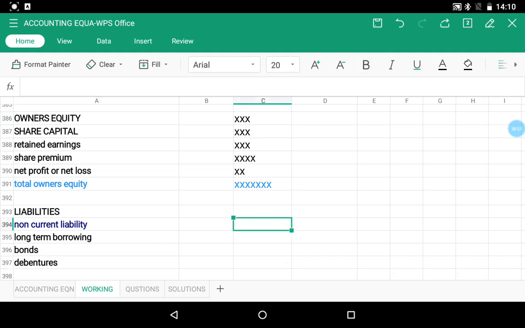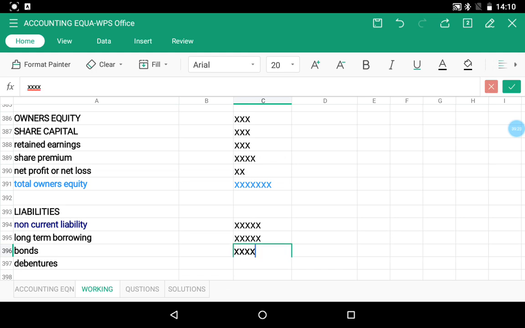So those are some of our liabilities. But it's always good to put them on a side which is not under owner's equity, so that when you add, you can even add them under the same column, no problem, as long as you add them to get the correct answer.